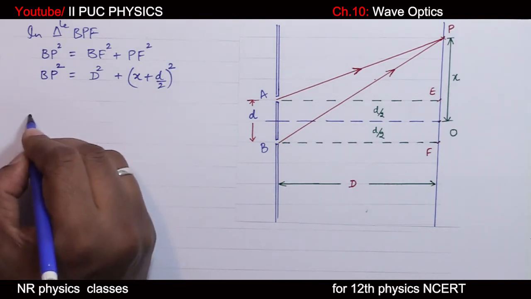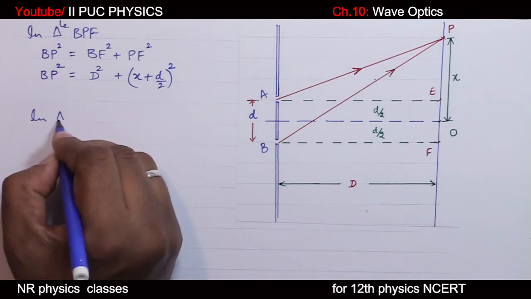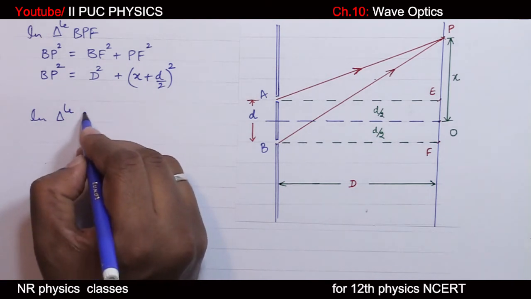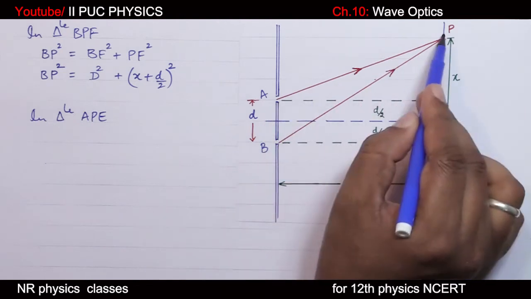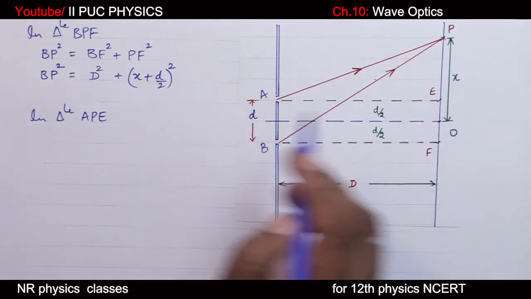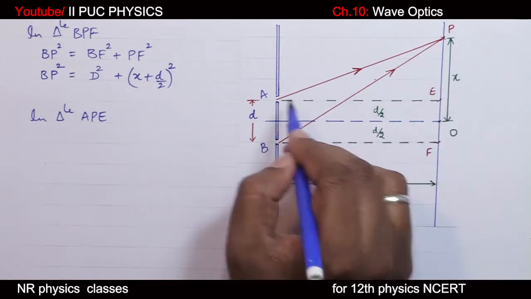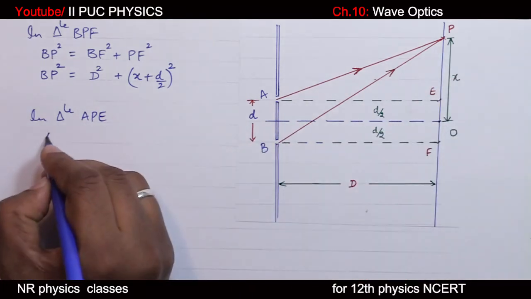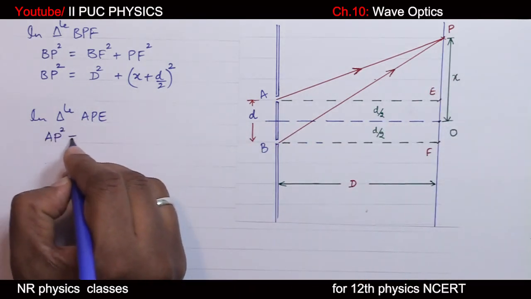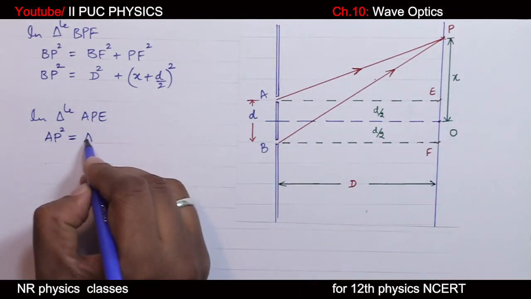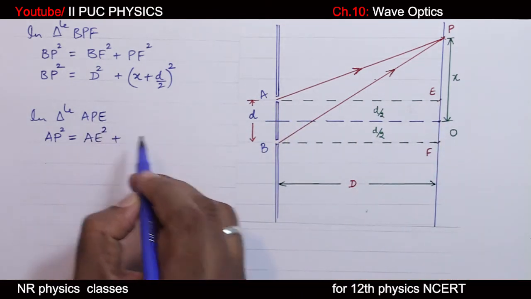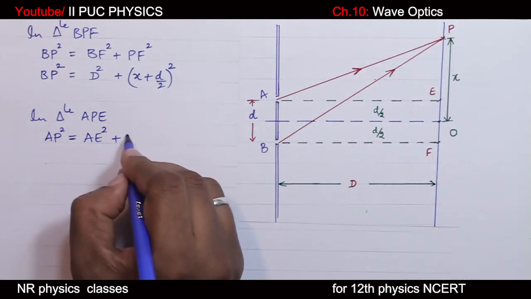Now, in the small right angle triangle, triangle APE, again Pythagoras theorem: AP square equals AE square plus PE square.